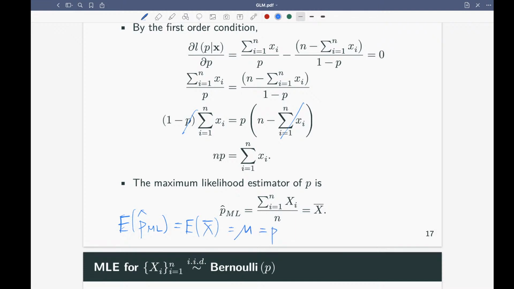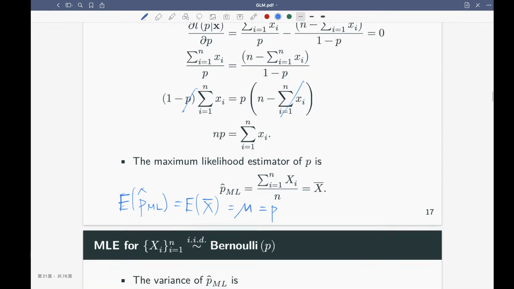So it is unbiased here. Okay, so the MLE for the Bernoulli distribution is unbiased, but in the OLS with the sigma square, it's not unbiased, it's biased. Okay, so it's a famous result. So you can derive it to do the exercise.